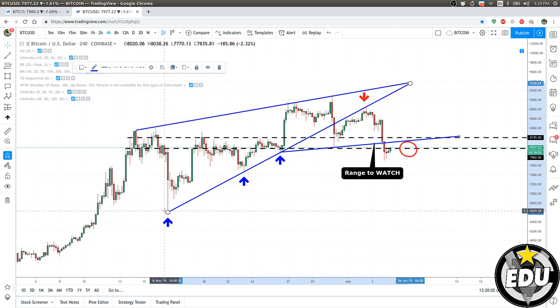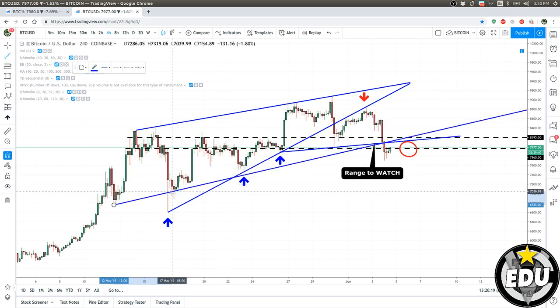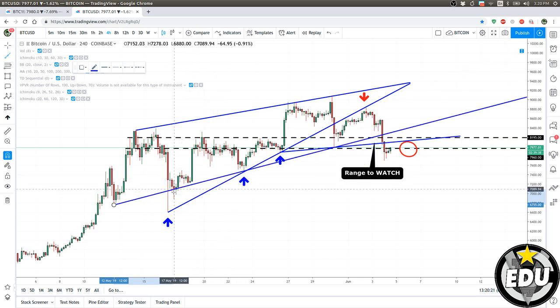If that's the case, I connected all the wicks. I posted an analysis on my Twitter to know which one is the right line. Is this or is the other one that you can trace from this low? And it broke out too, actually.